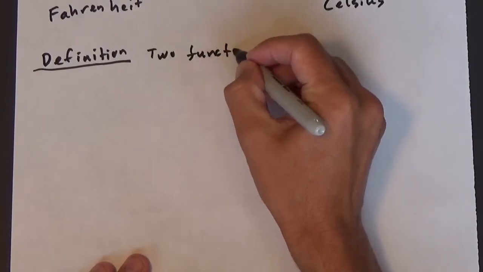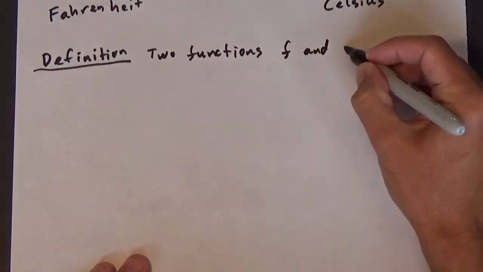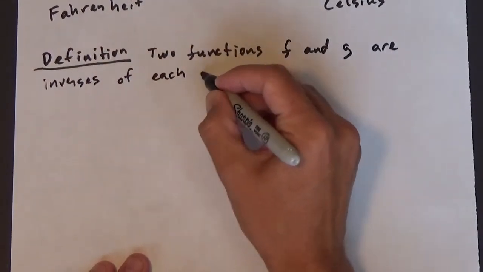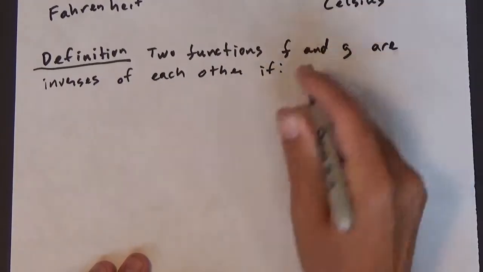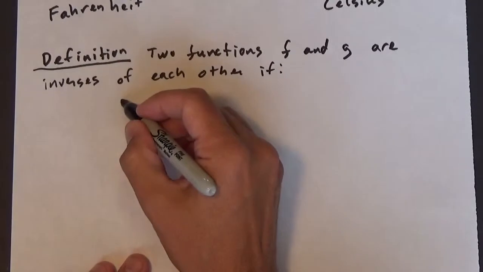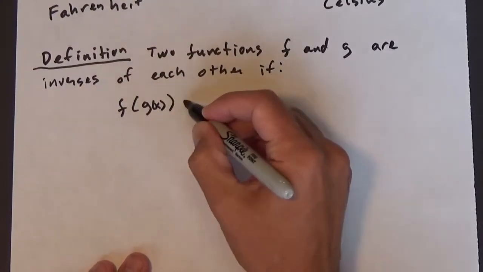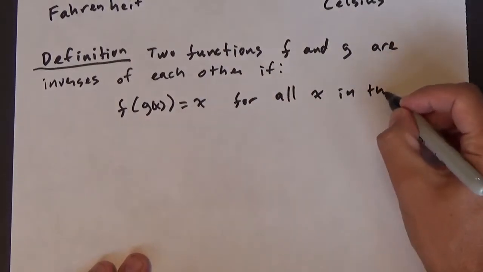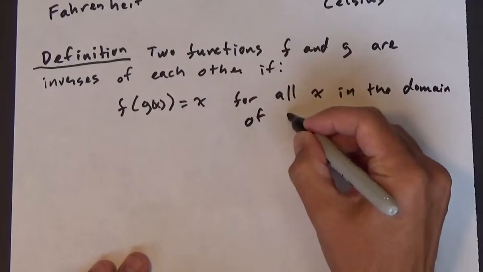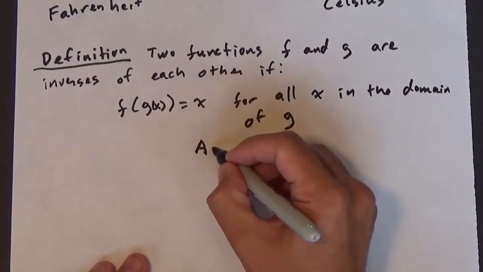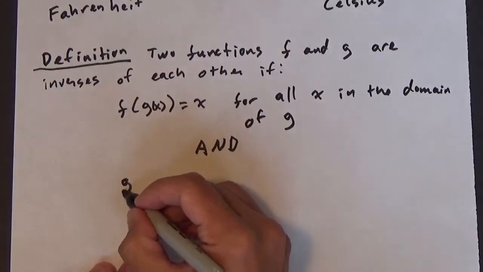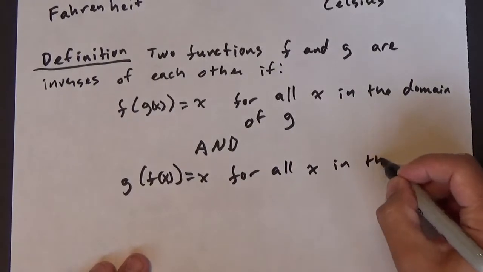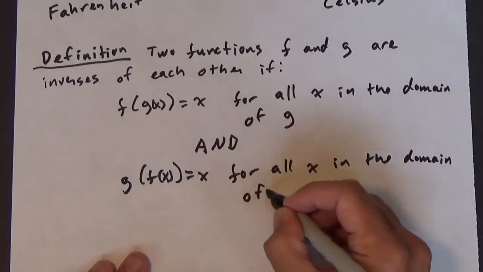Two functions f and g are inverses of each other if the following two things are true. f of g of x equals x for all x in the domain of g, and g of f of x equals x for all x in the domain of f.